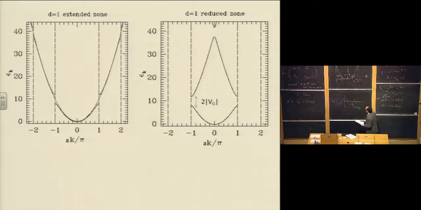And let's plot those on this same figure. So psi plus squared looks like this. It's cosine squared. And then psi minus squared looks like that.